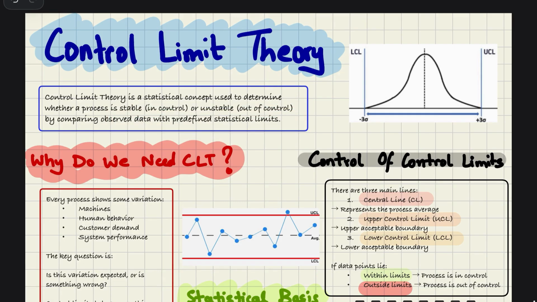So basically we apply limits to our data. Once a data point crosses that limit, that means our data points are unstable, they are out of control, and once they are inside the limit, they are in control.